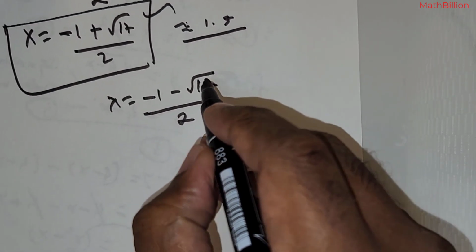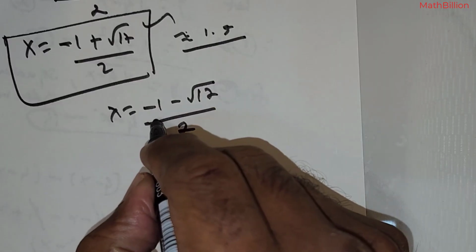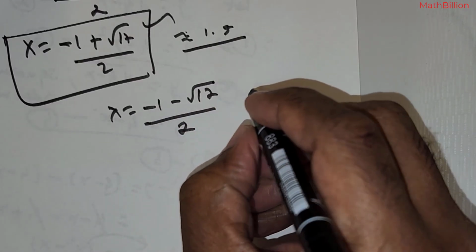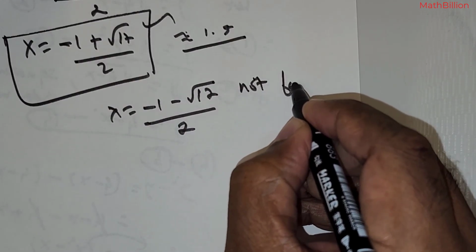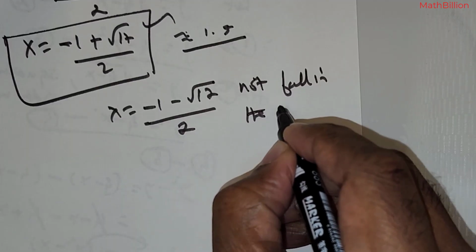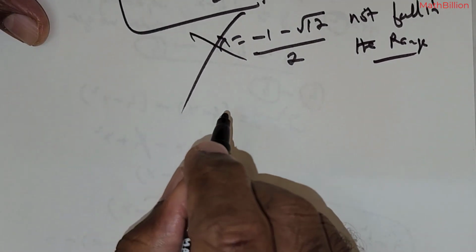Now this is going to give you something around negative 2 point something. This will actually fail or not fall in the required range. So we drop this.